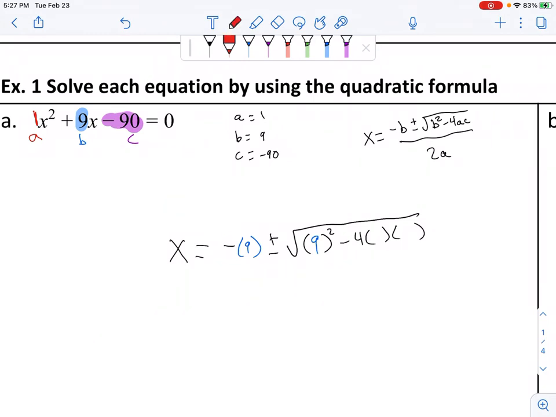So my a is 1 and my c is negative 90. And it's all over 2 times my a, which is 1. We've done no math yet. All we've done is we've replaced variables with their corresponding numbers. So I replaced my b's, I replaced my a's, and I replaced my c.